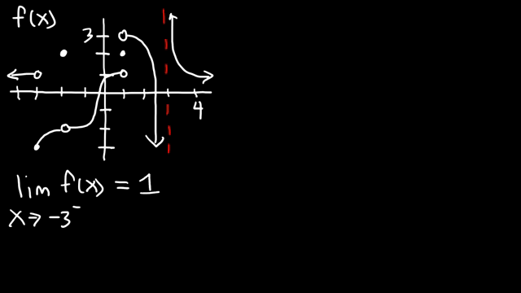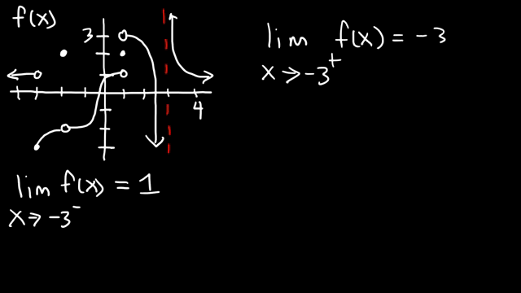Now what about from the right side? So you want to approach the vertical line at negative 3 from the right. So we have to follow this curve. So notice that the y value here is negative 3. So therefore, the limit as x approaches negative 3 from the right side is negative 3.